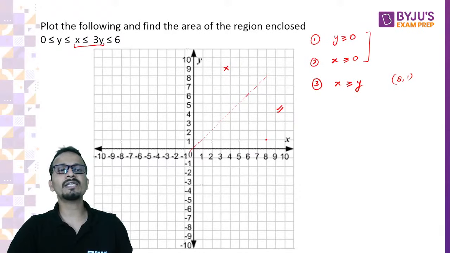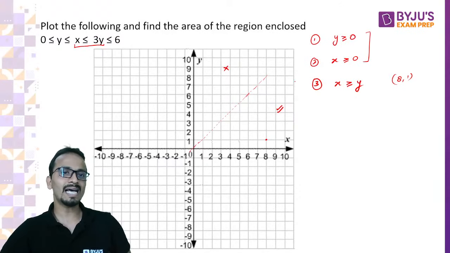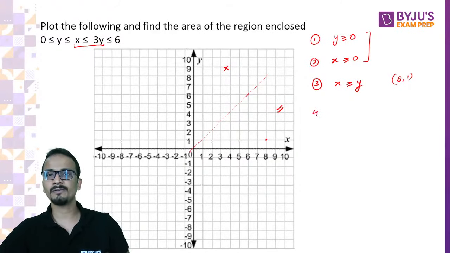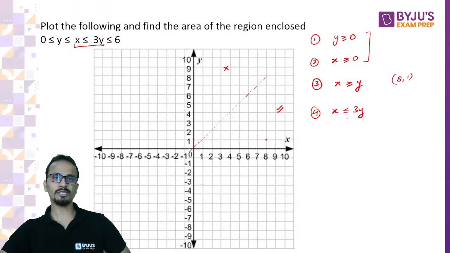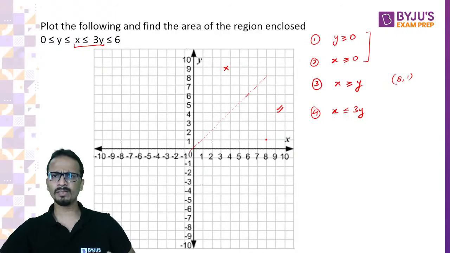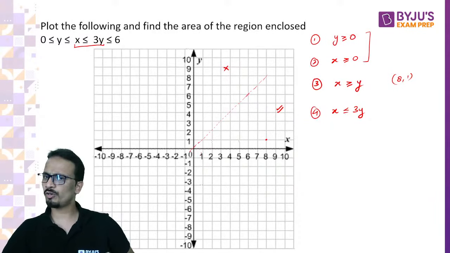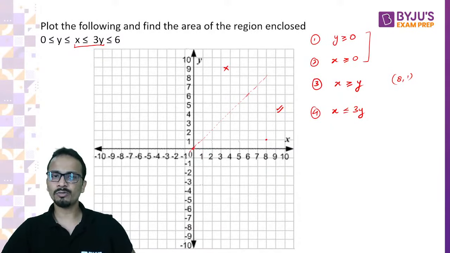x less than equal to 3y. Okay, so x less than equal to 3y, right? अब इसको प्लॉट करते हैं. Now x equal to 3y को अगर प्लॉट करेंगे, first of all let's plot a straight line. So when x is 0, y is 0, right? When x is 3, y will be equal to 1.